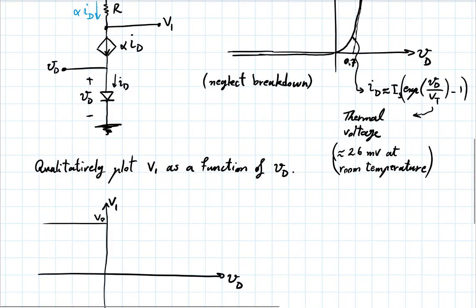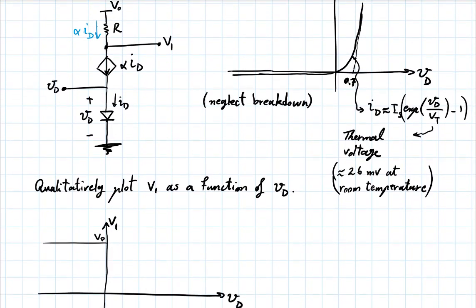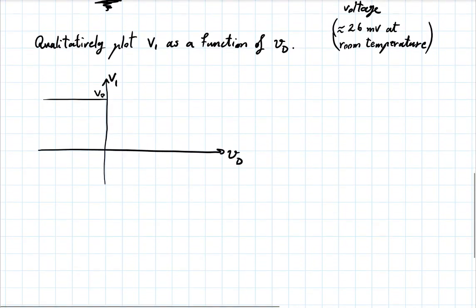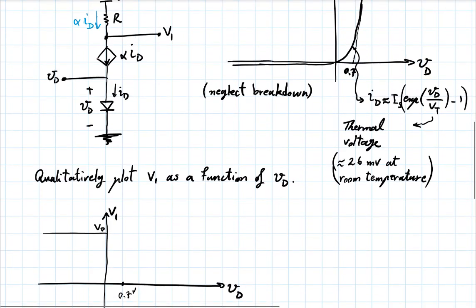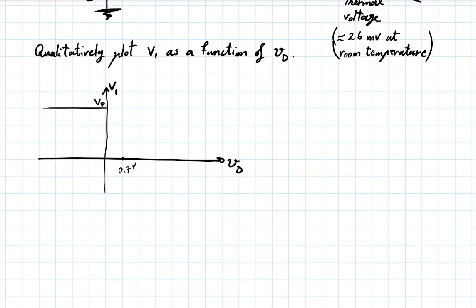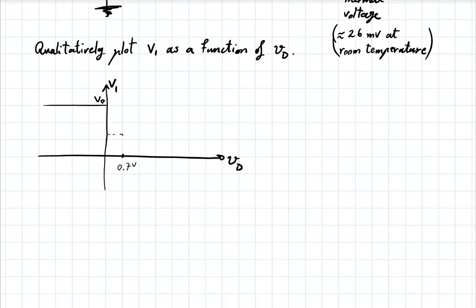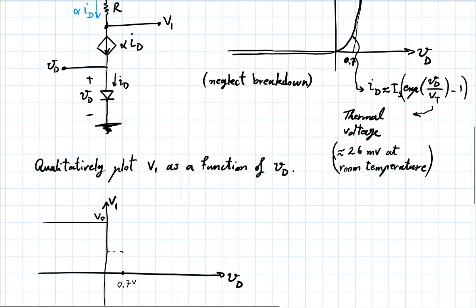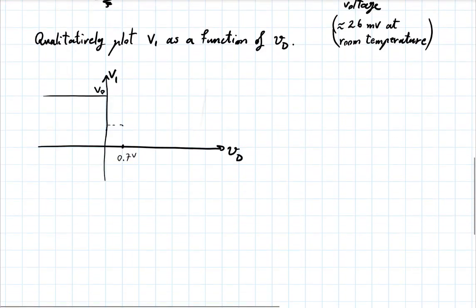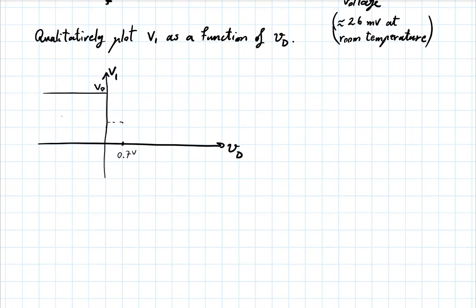So it's V0 minus alpha ID, with ID corresponding to 0.7 volts of voltage input.